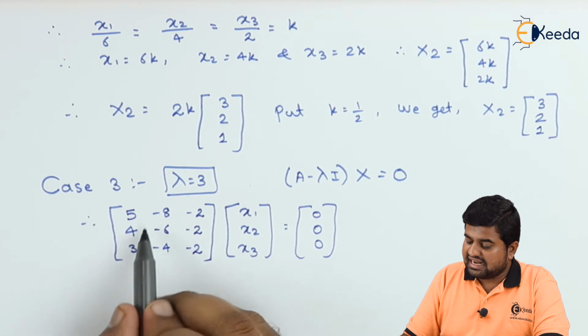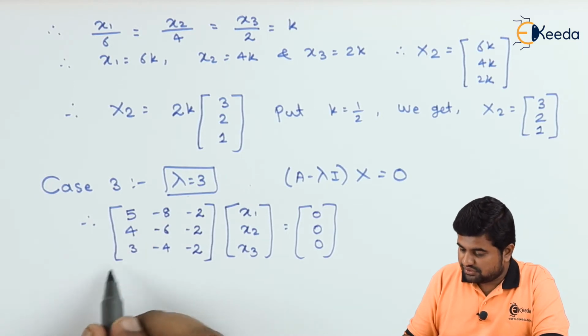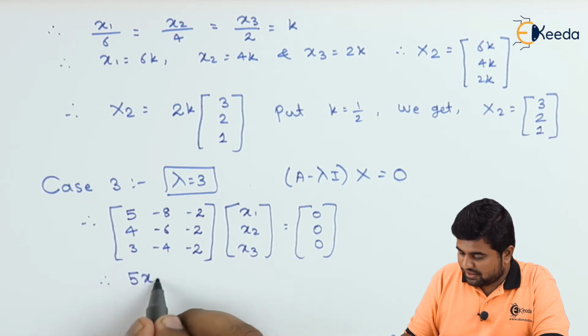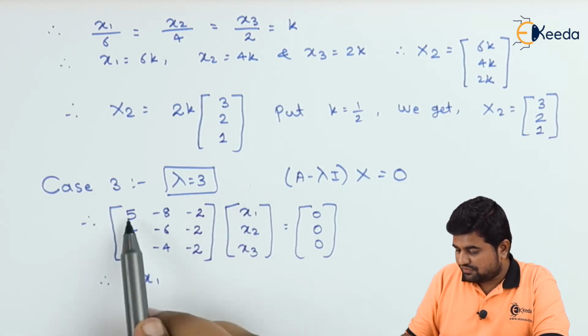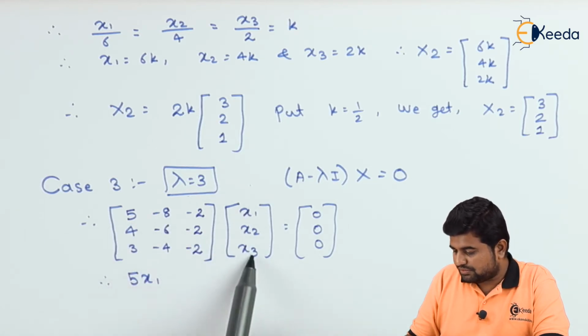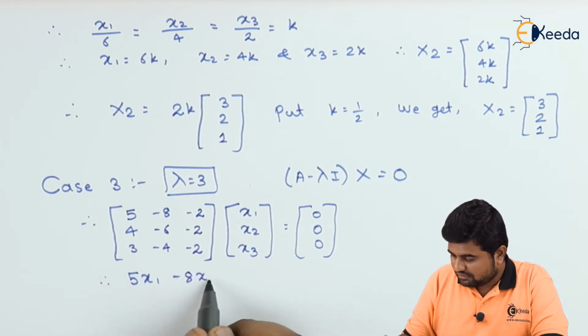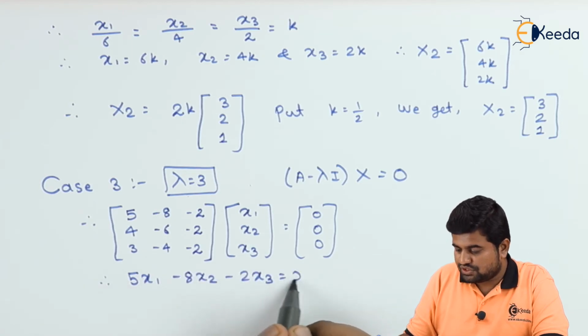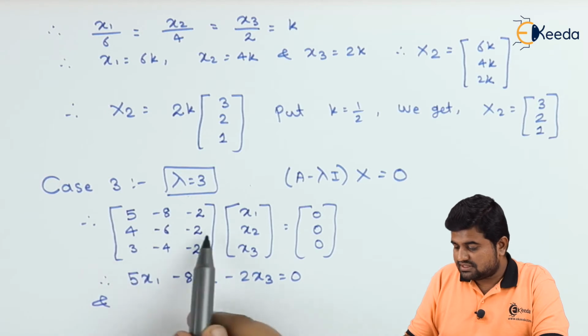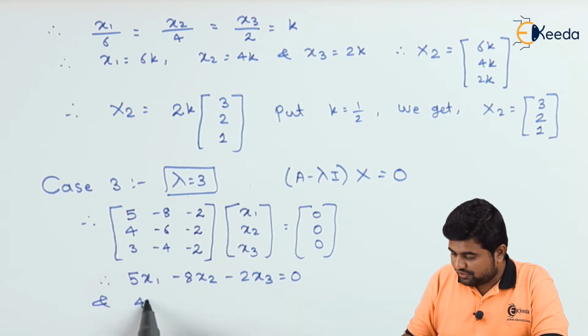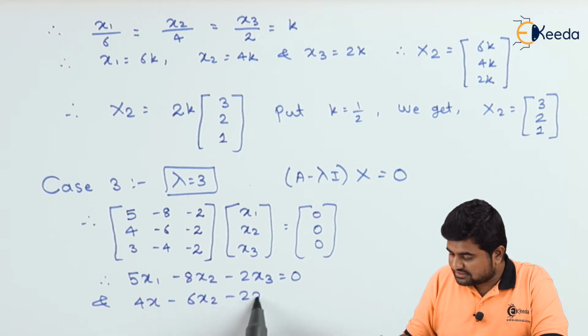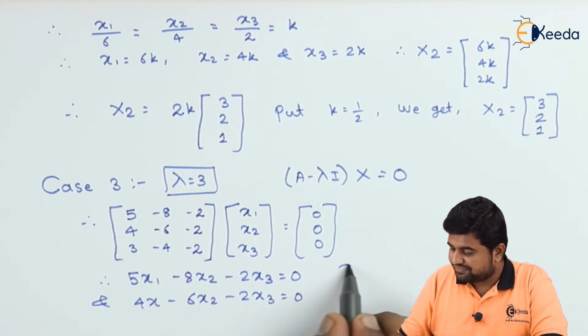Therefore we can consider any two equations. Therefore let's consider the first and second one. Therefore 5x1 minus 8x2 minus 2x3 is equal to 0, and 4x1 minus 6x2 minus 2x3 is equal to 0.